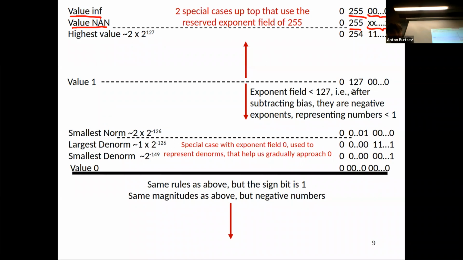Then you have 2. That's your 0. So your smallest normalized value is roughly 2 to the power negative 126, right? Because if you put 1 here and subtract 127, you get negative 126.